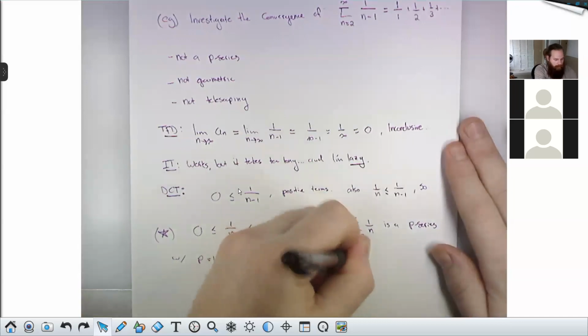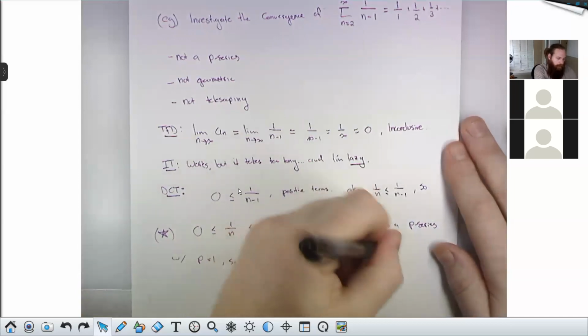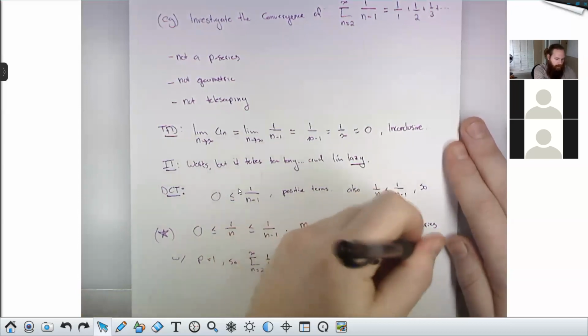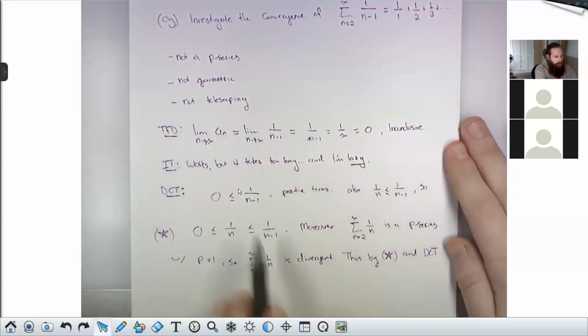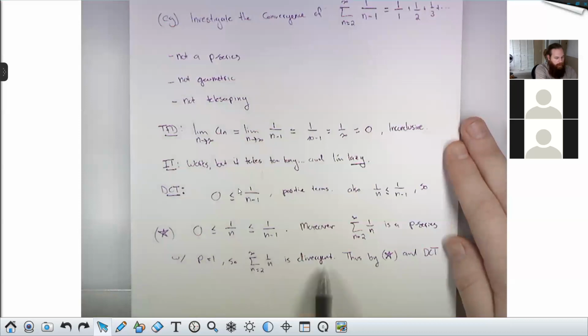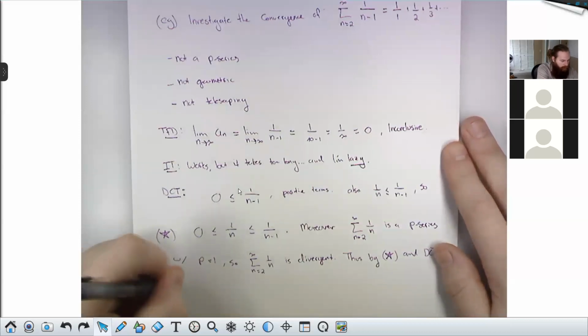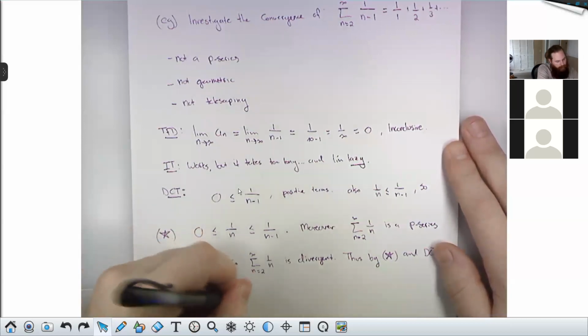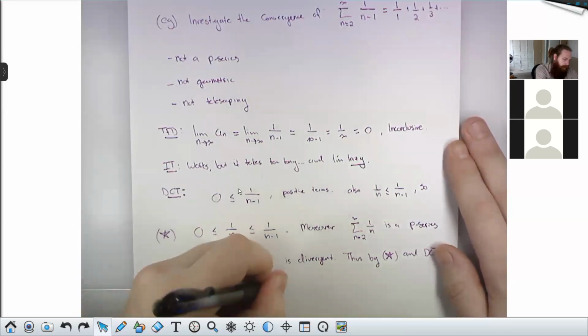Thus, by the inequality star and DCT, my guy is a little bit bigger than this guy. And when you add this guy up over the same range as my series, you get a divergent series. So by the inequality and DCT, the series sum from n equals 2 to infinity of 1 over n minus 1 diverges.